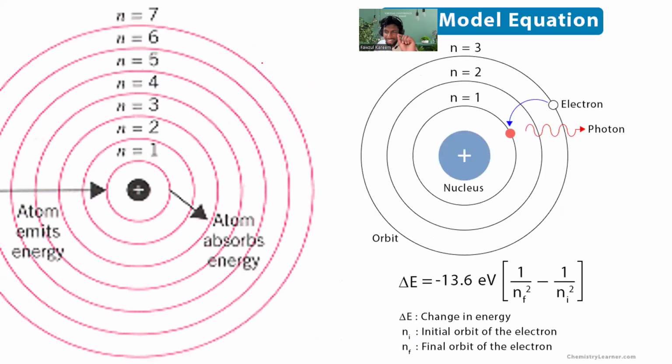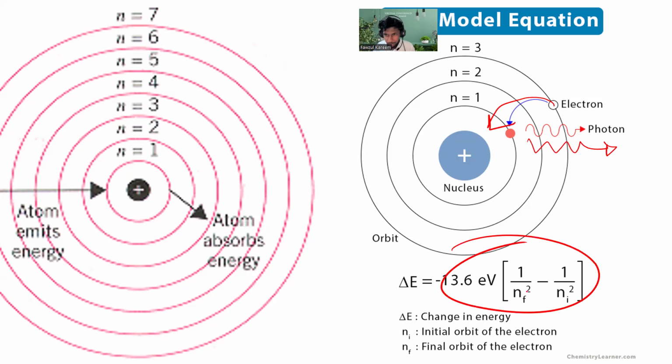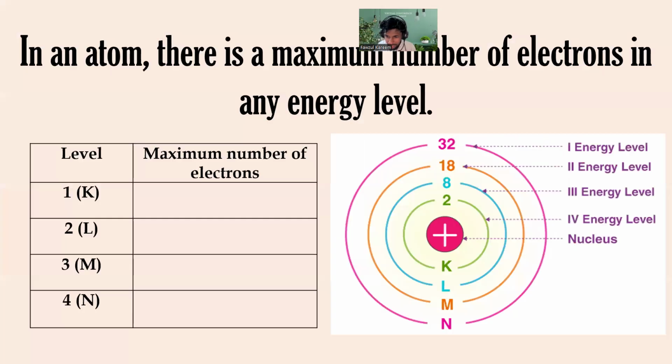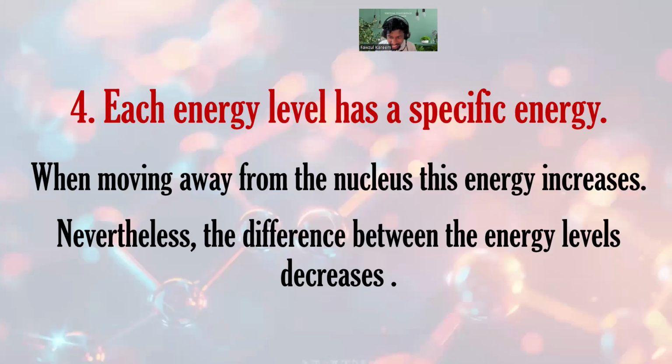So here, there is a simple theory. If the electron wants to move from one energy level to another energy level, it will release or take energy. There's an equation also for that, but for the O-level student, no need to worry about that. You only need to understand one thing: each and every energy level has specific energy.